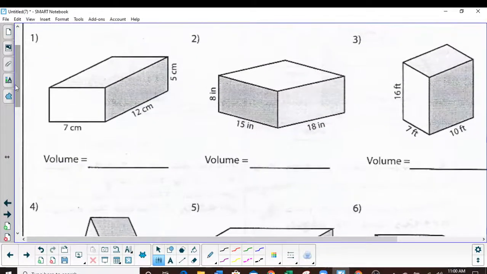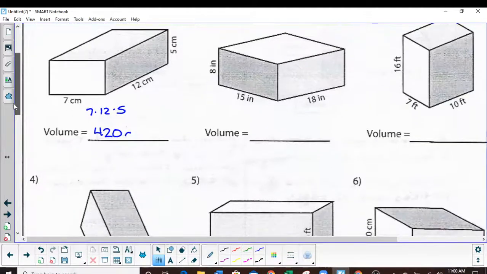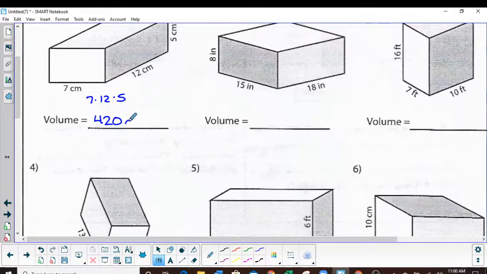It'll be fine. Okay, so in the first one, the numbers we need to multiply are 7, 12, and 5. Pop that in Desmos or in your calculator, and you're going to end up with 420, sorry about the clock, 420 centimeters. Pull my page up a little bit. And since we're talking about volume, it's got to be cubed.